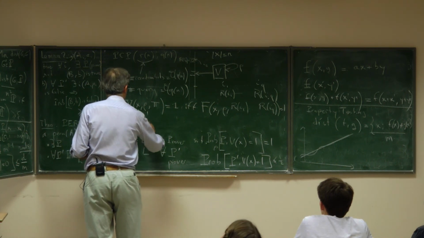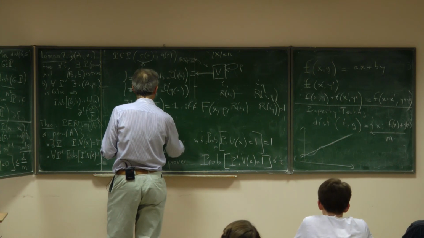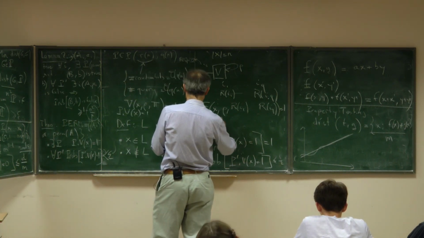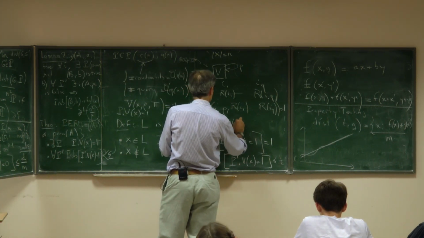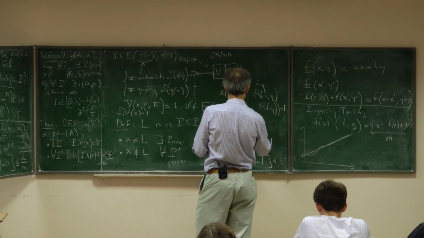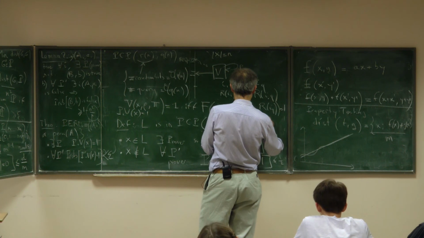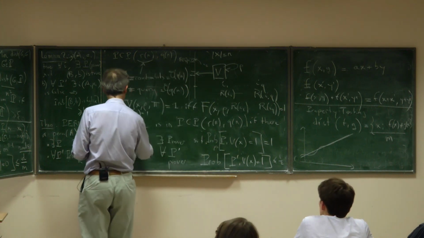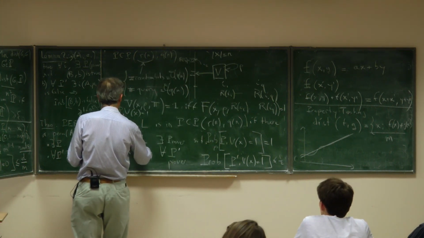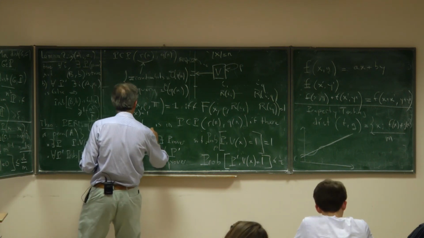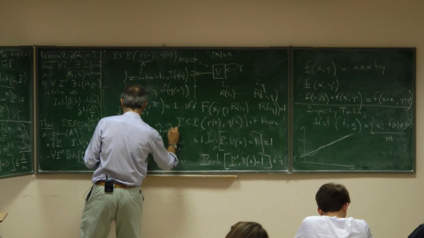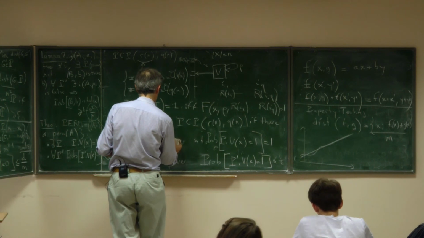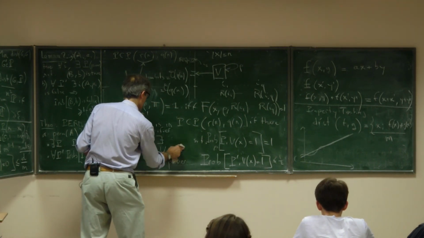So you'll say language L is in PCP R_n, Q_n if there is a polynomial, a poly verifier such that, okay, so here I replace the prover by pi.